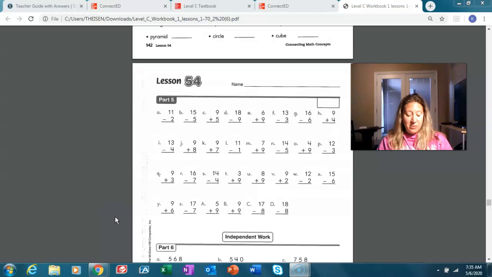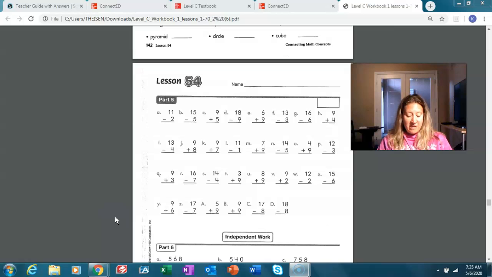V, 9 plus 2 is 11. W, 12 minus 2 is 10. X, 15 minus 6 is 9. Y, 9 plus 6 is 15. Z, 17 minus 7 is 10.